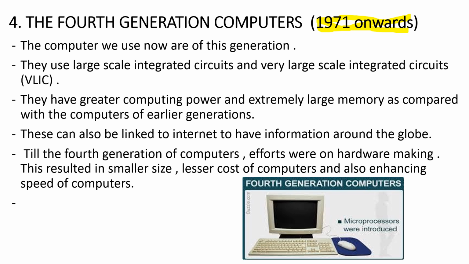This extremely large memory was very useful for the user to store any type of data inside the computer. It made a man's work very easy to store the required information. Since the fourth generation computers had large memory, their processing power was also very fast as compared to the earlier generations.